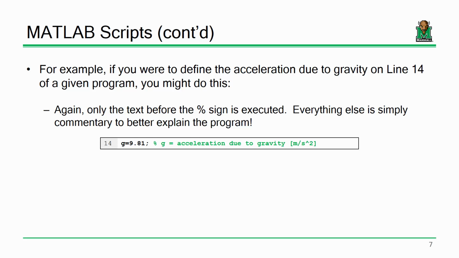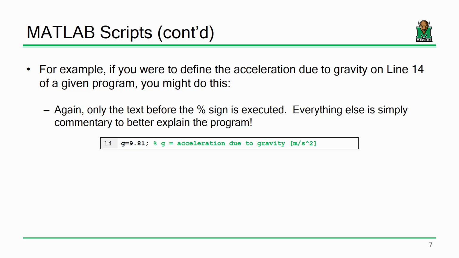So here's an illustration of how comments can be used in the same line that a variable is being defined. So for instance, g equals 9.81, that's the gravitational acceleration constant in SI units in terms of meters per second squared. But you could say that to yourself in the program by doing %, which means everything after that the computer isn't going to perform any calculations with on that line.